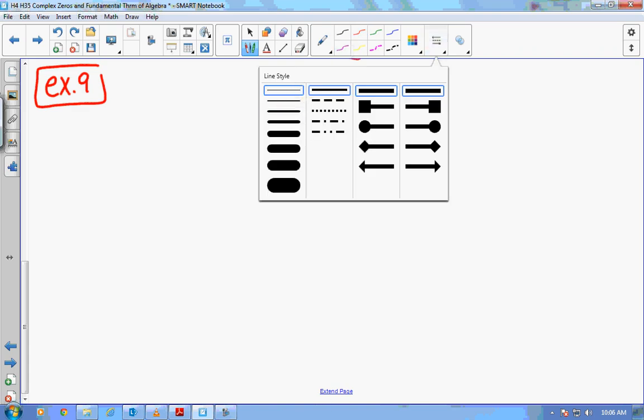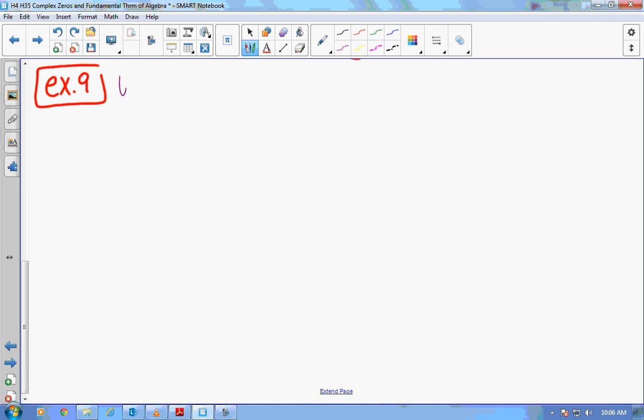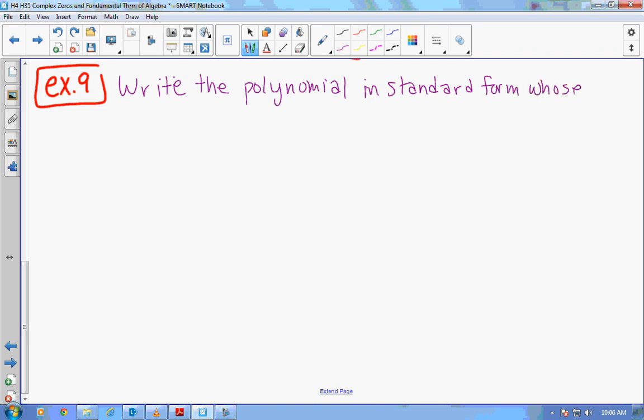The directions last time were: given the zeros, write the polynomial in standard form, whose zeros include x equals 1, x equals 1 plus 2i, and x equals 1 minus i.